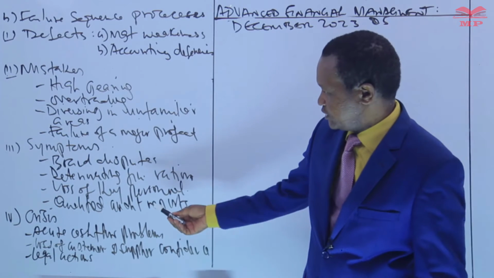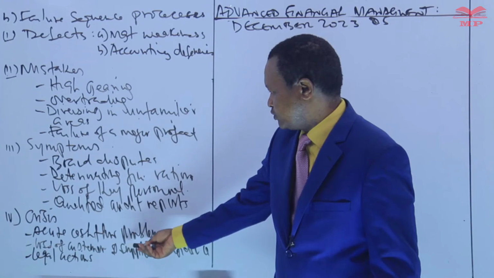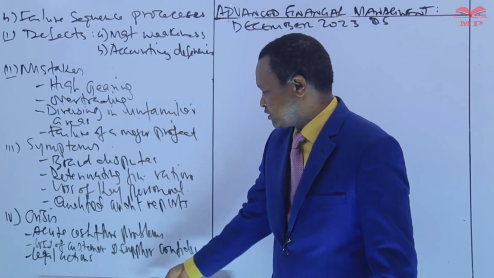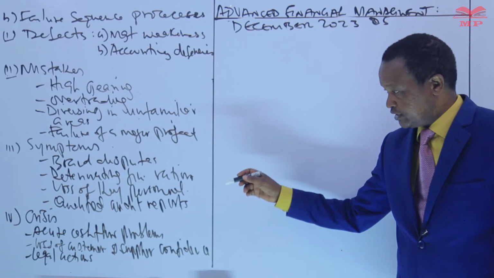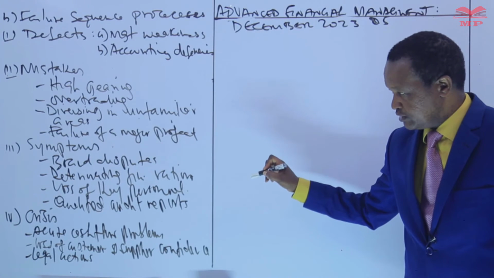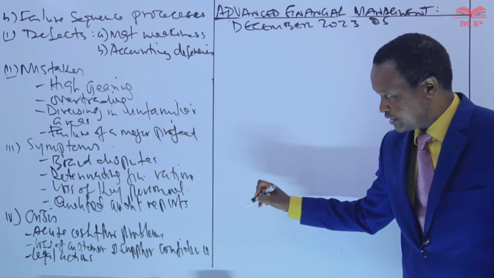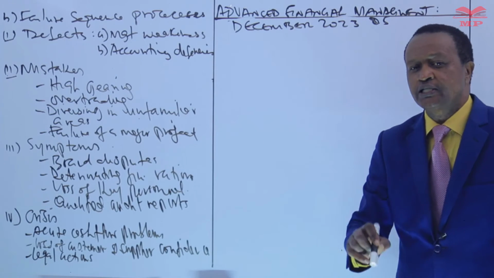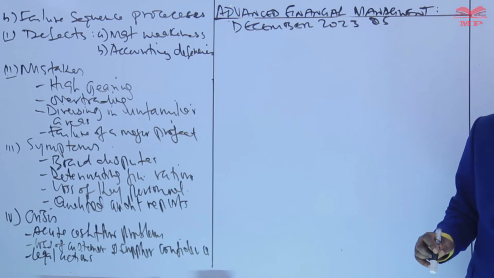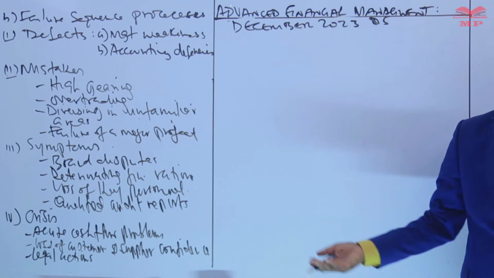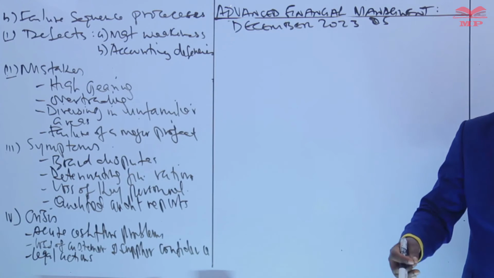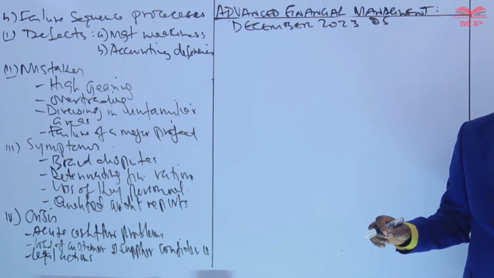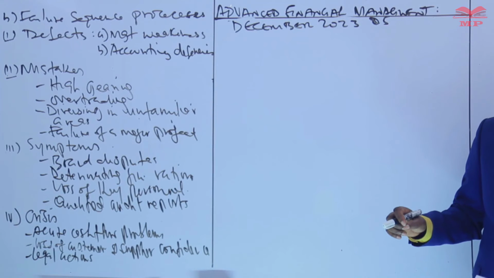Because here we say that there is acute cash flow problems, creditors are not paid, employees are not paid. So at the crisis stage, this stage is characterized by legal disputes or actions. Creditors or even other stakeholders may initiate legal proceedings to recover their dues. All right?